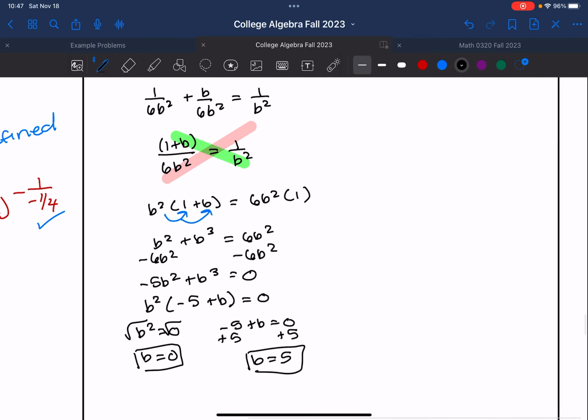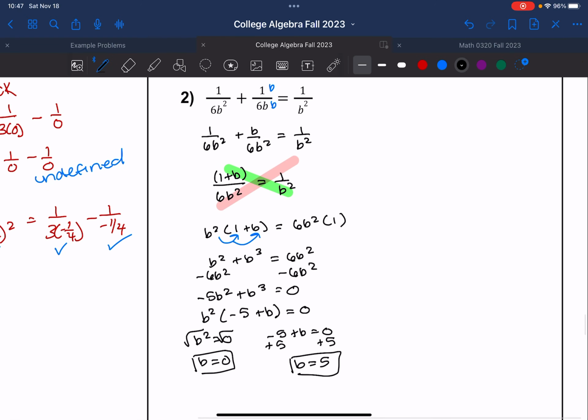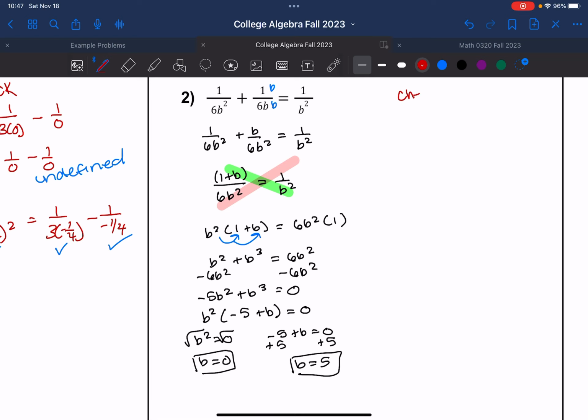Okay. Remember, this is not my answer. I still have to check to make sure none of these choices make my denominator 0. So here's my check. First, I'm plugging in 0. 1 over 6 times 0 squared plus 1 over 6 times 0 equals 1 over 0 squared. Notice how every single one of these turn the denominator 0, so b equals 0 is not an answer.